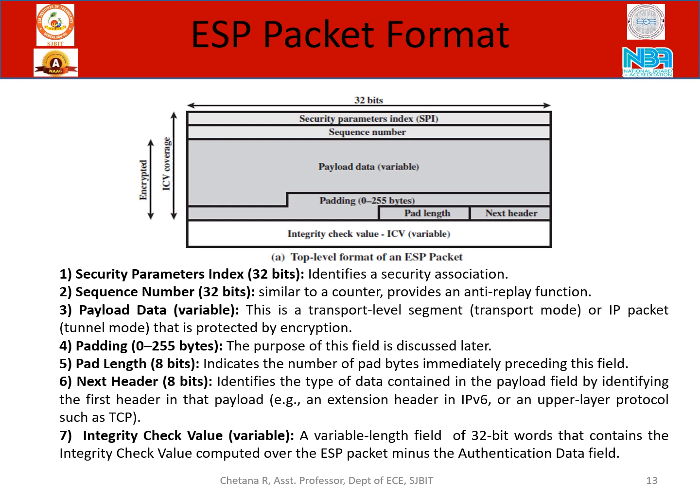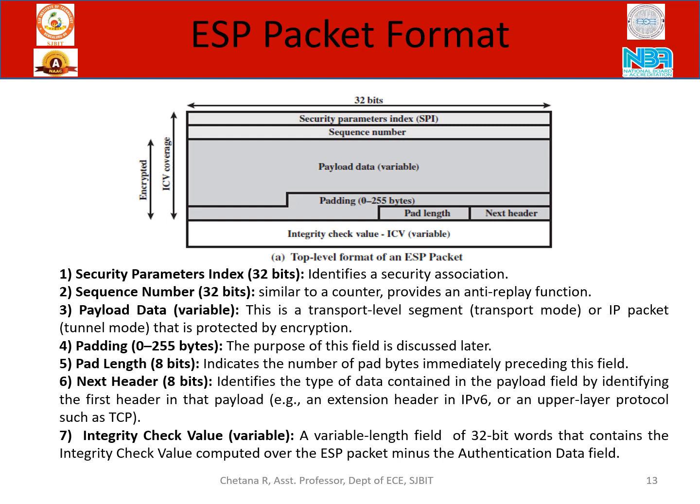We can consider these two as the header: the security parameter index, to which association it has to point, and the sequence number. Below that you have the original message, and if required, padding is added. Then the pad length and the next header are decided as per this packet. Then the integrity check value, ICV, so that it is not tampered with. Therefore, this is how the ESP packet format looks.